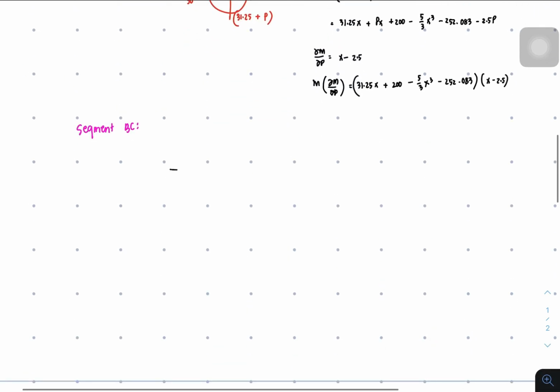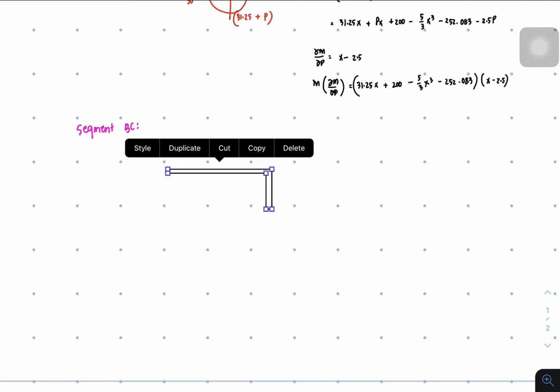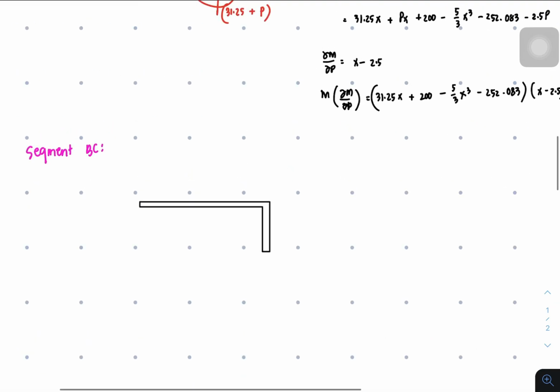So for the figure, it's kind of like this. And this one.